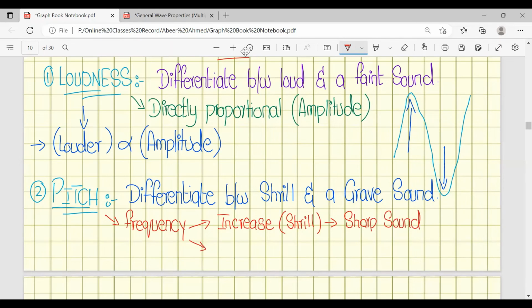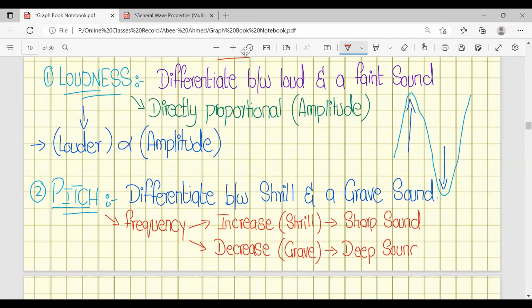And if we decrease the frequency, the sound will be grave, which means a deep sound, right?